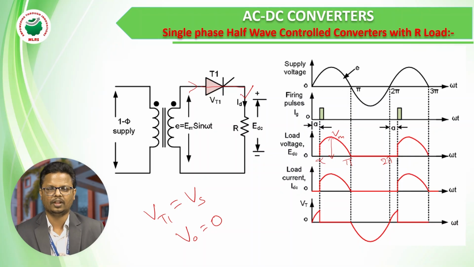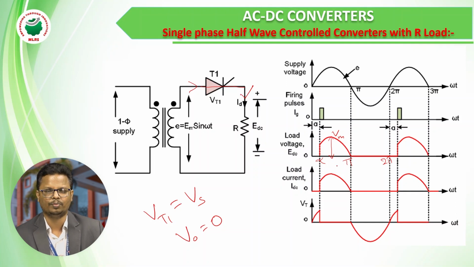After 2 pi also we can observe it is 0, but until we give the triggering pulse, it will not conduct, so the output voltage shows as 0. So here from 0 to alpha we didn't give any triggering pulse, so output is 0. From alpha to pi we give a triggering pulse, so the thyristor is in conduction.